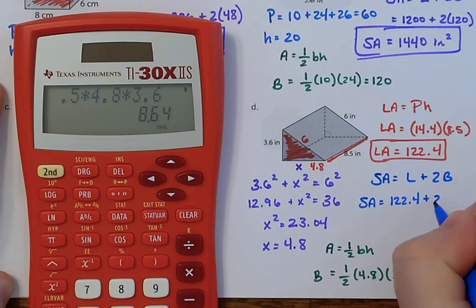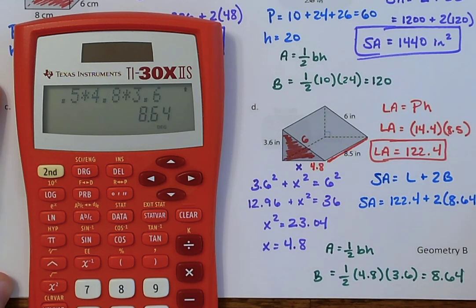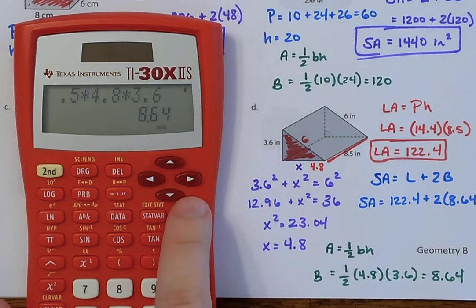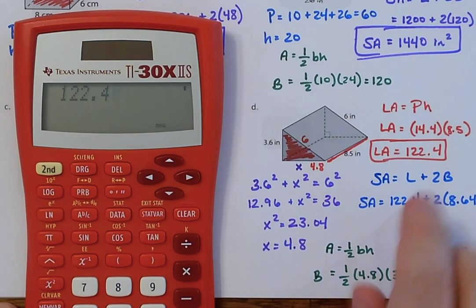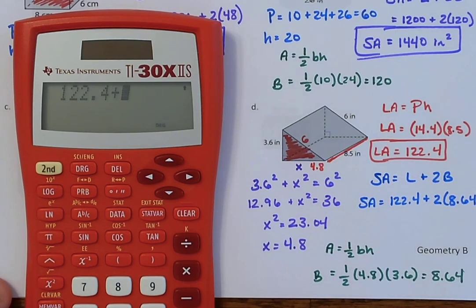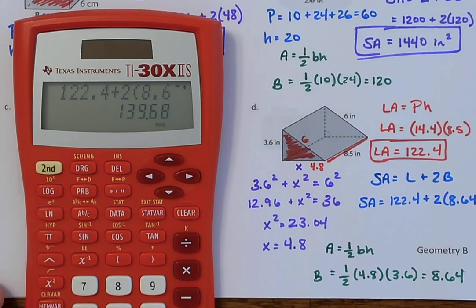So it's going to be 2 times 8.64. From here, all we have to do is calculate. So 122.4, which is our lateral area, plus 2 times the area of the base, which is 8.64. And that gives us a total surface area of 139.68.